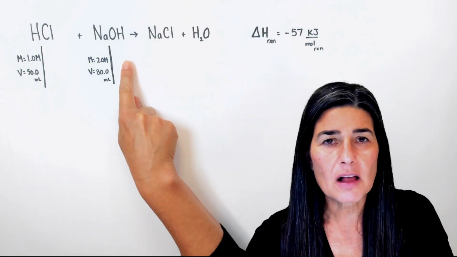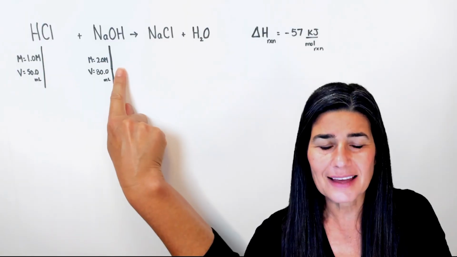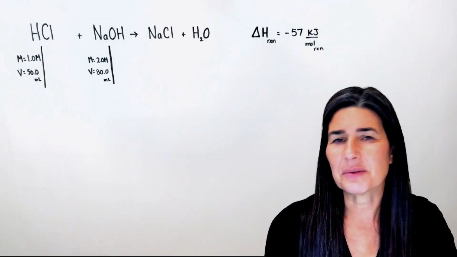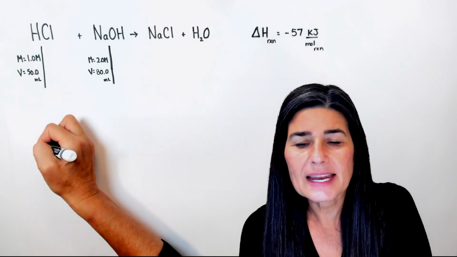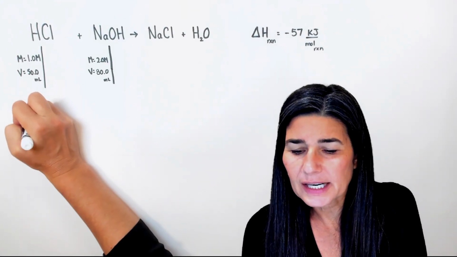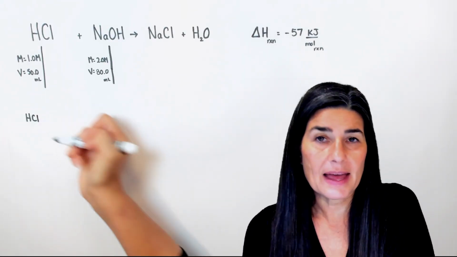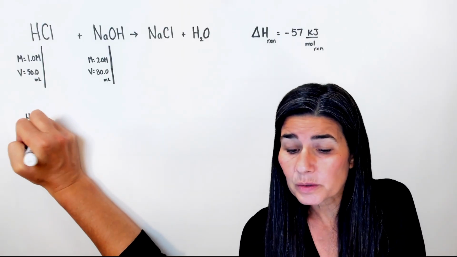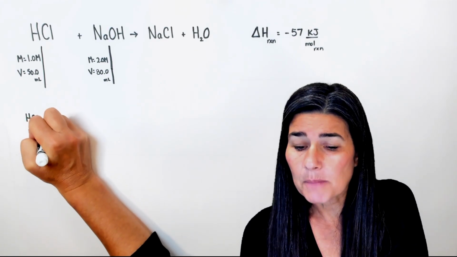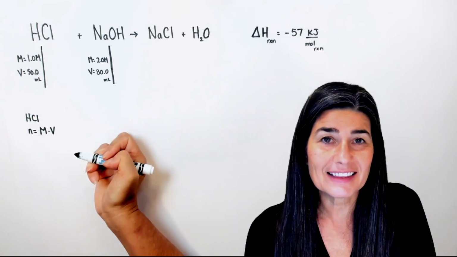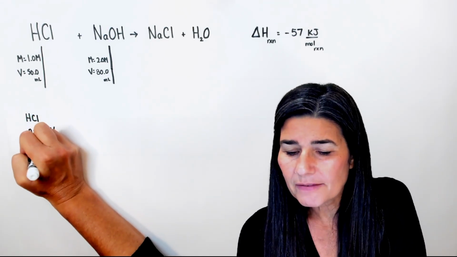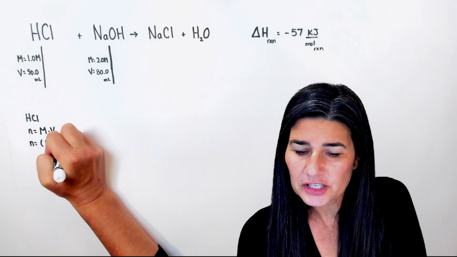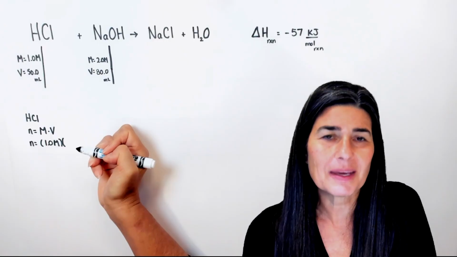Let's solve for the moles of each of these and then see which one is going to give us the least product. Which product? I don't know. Let's just do water. Let's begin with the hydrochloric acid. Moles is equal to molarity times volume in liters. The moles of hydrochloric acid is our 1 molar concentration times the volume in liters.